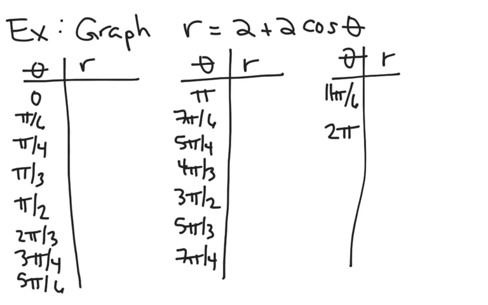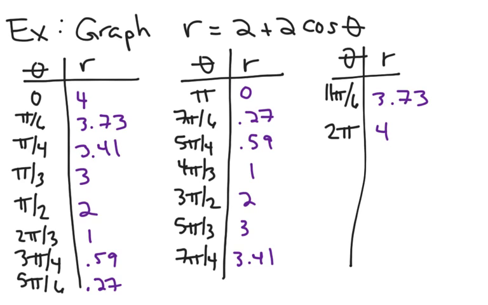I'm going to do that very quickly so it'll just pop up on your screen. So here are the values. I want you to notice that the maximum distance away from the origin is 4. There are no negative radii here, so I don't have to worry about going to an angle and then going the opposite direction away from the origin.